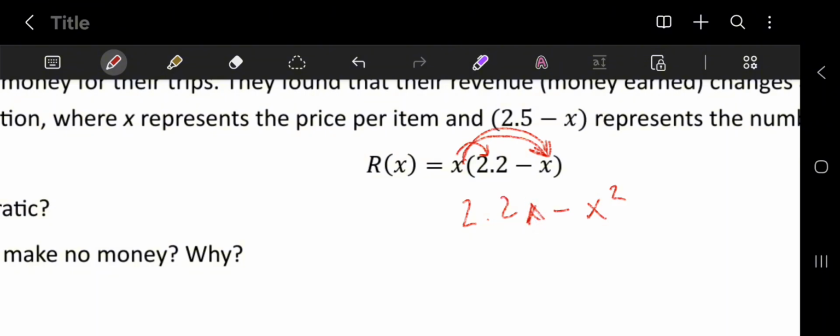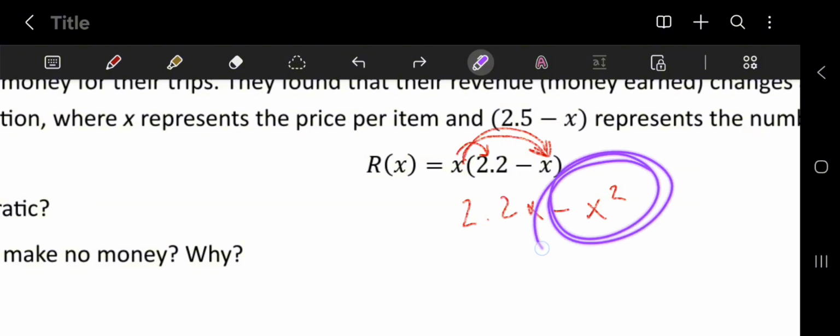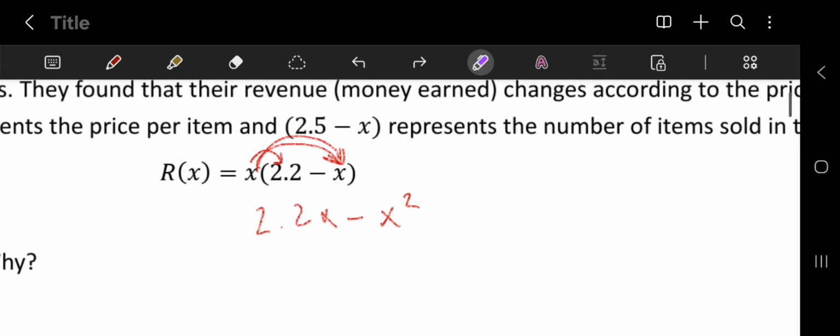As you guys can see, we have an x squared right there, and that's how we know it's going to be quadratic, because a quadratic is a polynomial function. Actually, let me write that down.